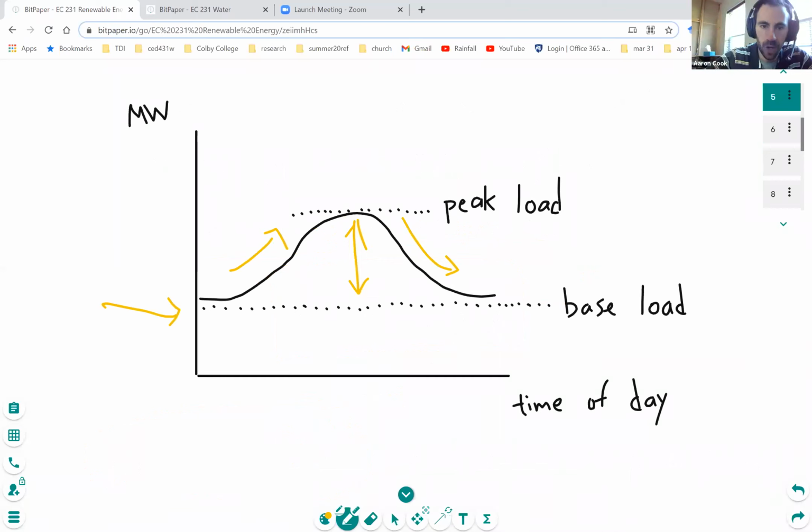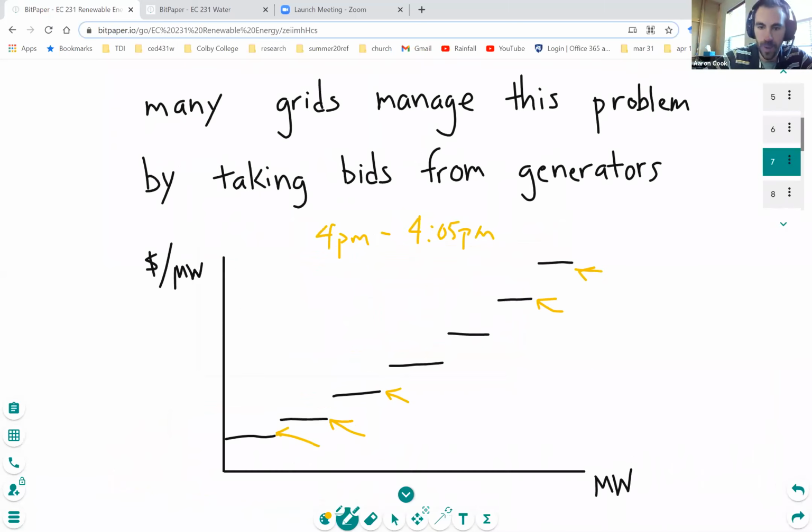So 4 o'clock to 4:05 has some capacity that's required, right? The grid operator says, okay, I need to have X number of megawatt hours able to be generated at that 4 p.m. to 4:05 hour. So that's going to correspond to some level on this horizontal axis.